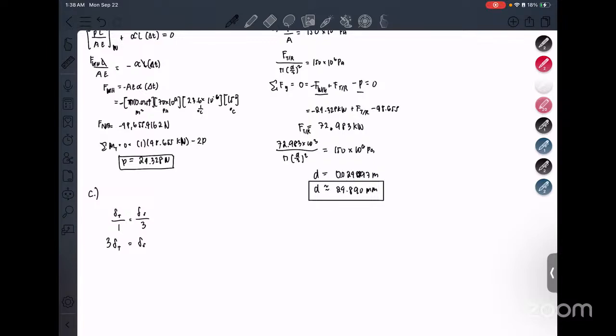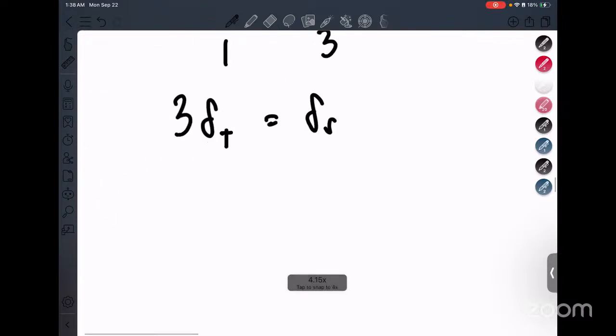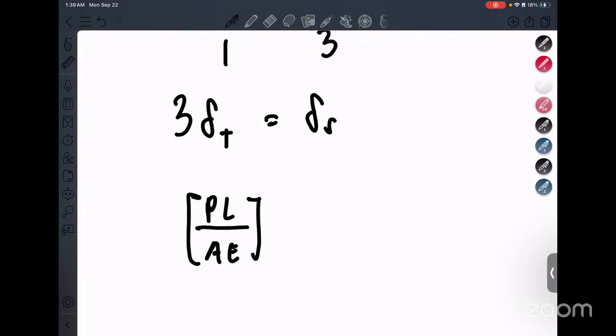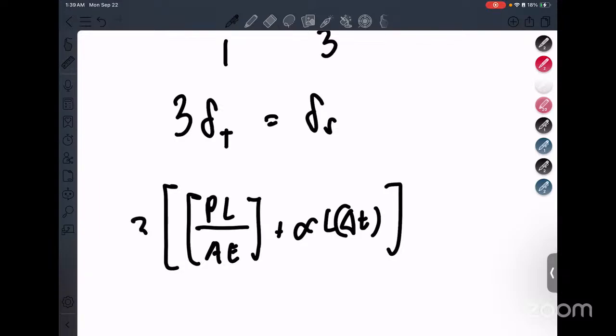This is good because it's relatively straightforward to find delta T. We just have to split it to yung physical, TL over AE, and then yung mechanical, alpha L delta T. And we multiply that all by 3, right?